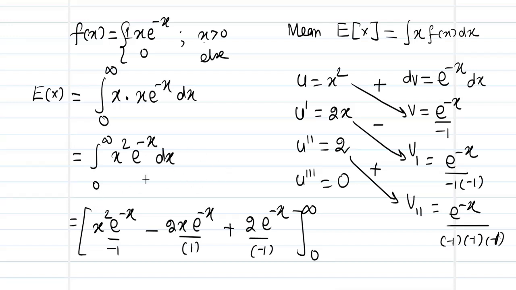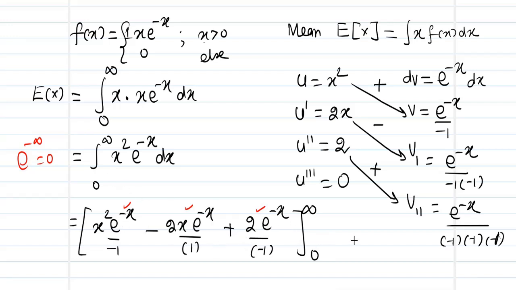Don't worry that the integration is going to be too big or complicated. The terms will vanish very easily when you apply e power minus infinity as 0. What you need to keep in mind is that e power minus infinity is 0. You have e power minus infinity in every term, so you need not bother about the upper limit.